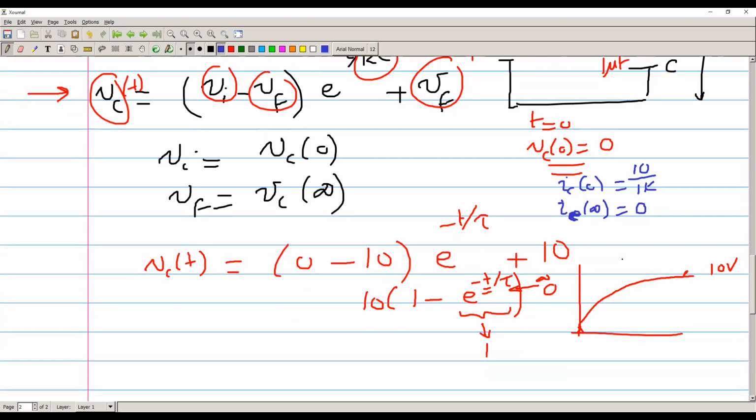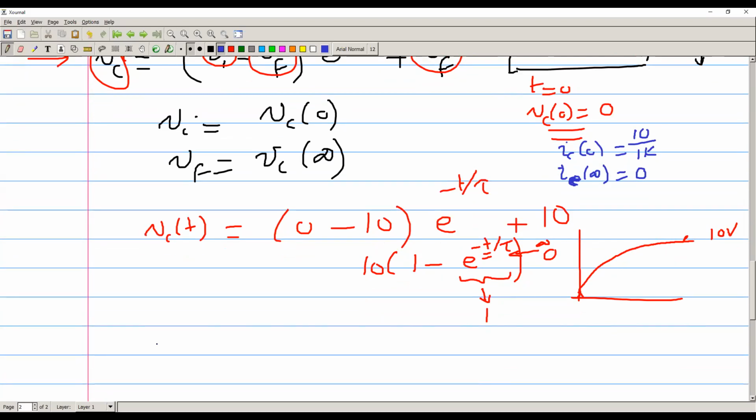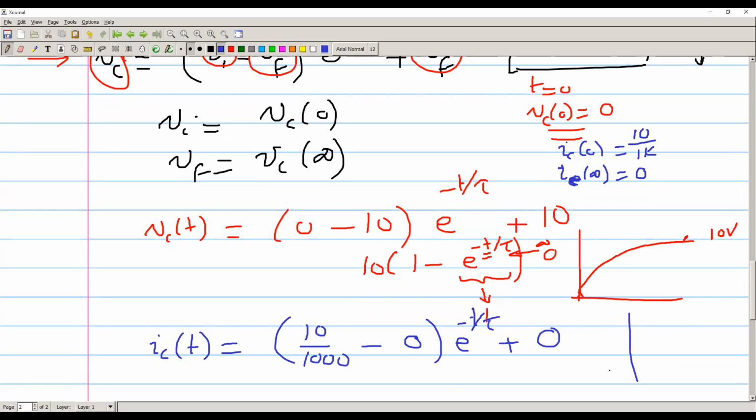So if you plug these values in, you'll find the equation: IC of t will be equal to I initial, which is 10 over 1000, minus I final, which is 0, times e to the minus t over tau, plus I final, which is 0. So it's basically 10 over 1000, like 0.01, times e to the minus t over tau. It's going to be an exponential decay, like this.